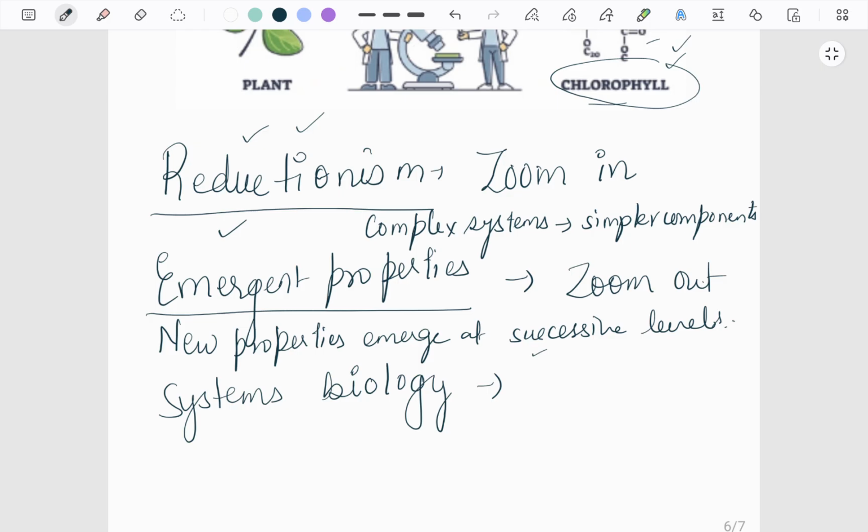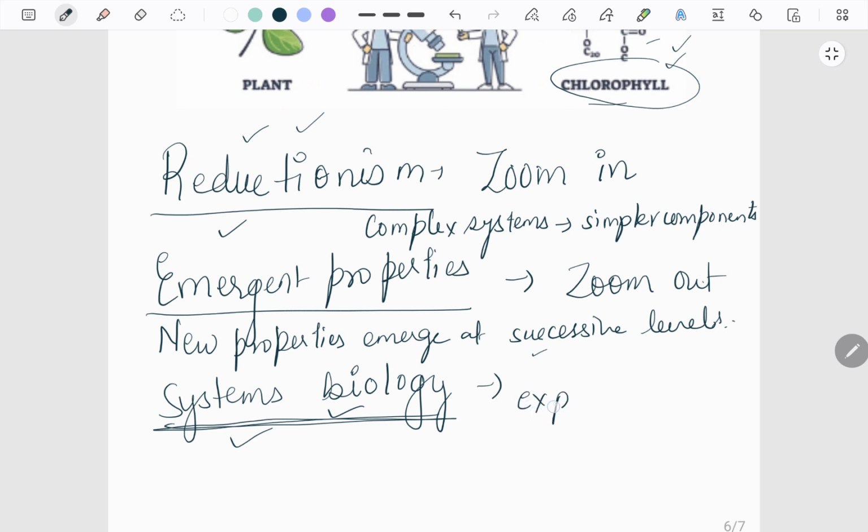Okay, now if I say systems biology, what do we study in systems biology? We have to study the biological systems and the interactions among the parts. So you have to explore the biological system.